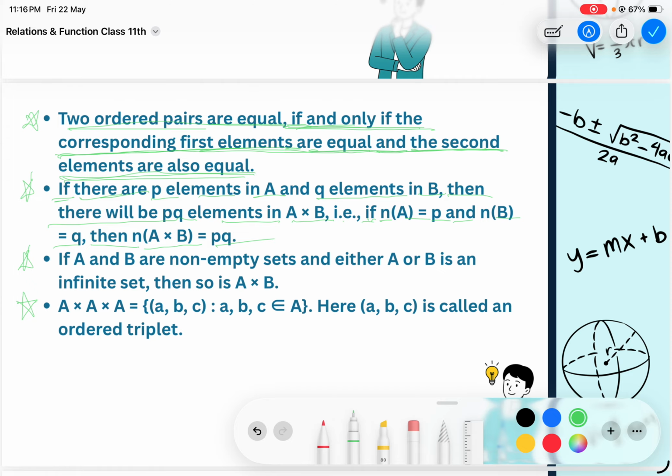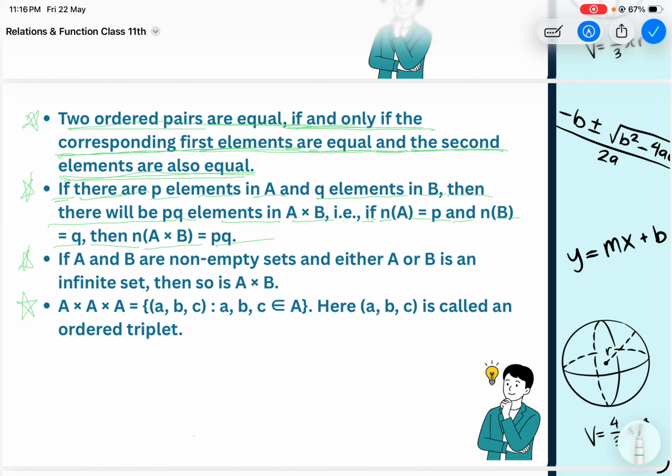So the second one is saying that if there are p and q elements, for example, if set A has 3 elements and set B has 2 elements, then if we take all the ordered pairs of A cross B, it will be 3 times 2, which means there will be 6 ordered pairs.